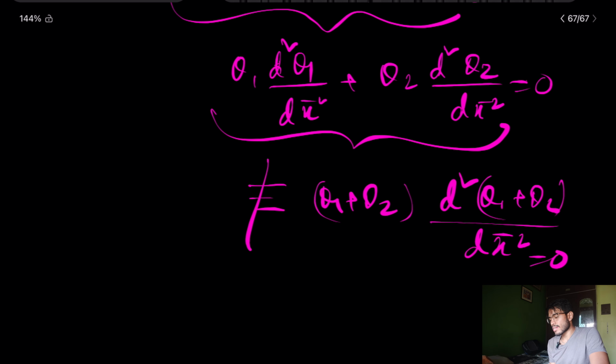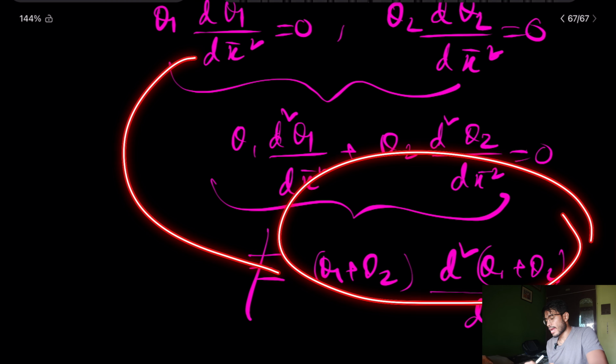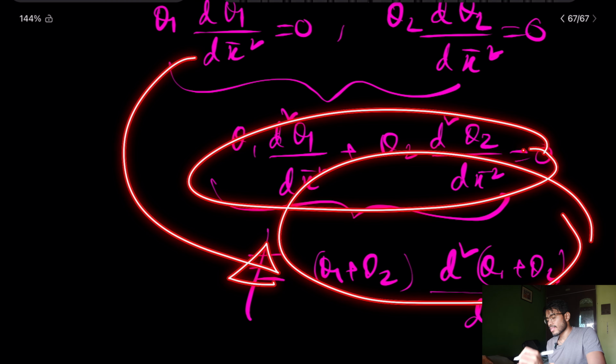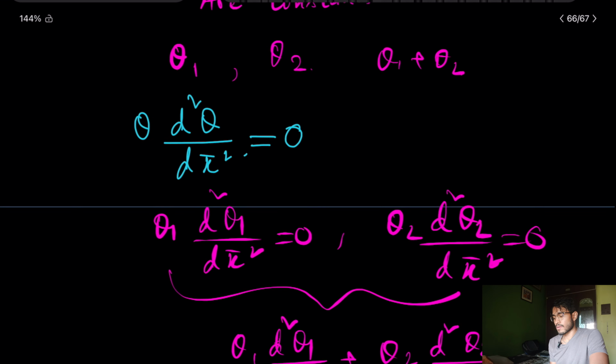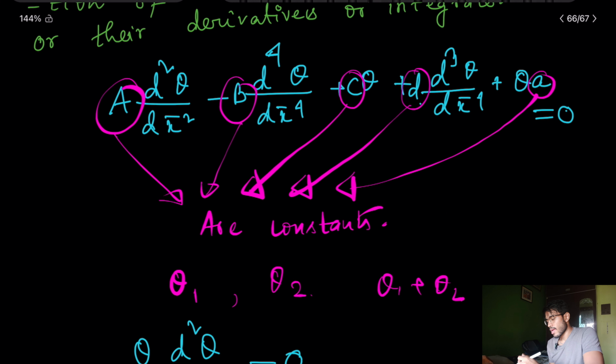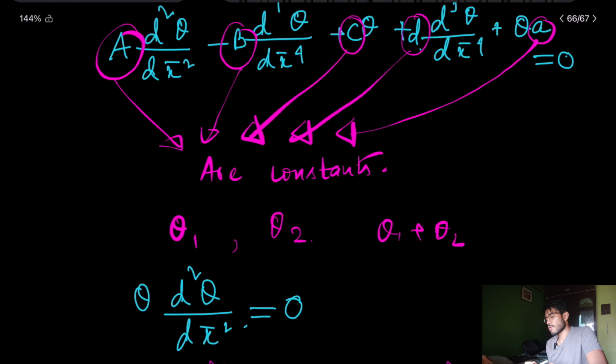So if you could get this thing by adding these two, then you could have said that theta 1 plus theta 2 is a solution. Like here, as all these terms are linear, you put theta 1 everywhere here, and then you put theta 2 everywhere here, then you add those two equations, then what will you have? I will just work out the first term.